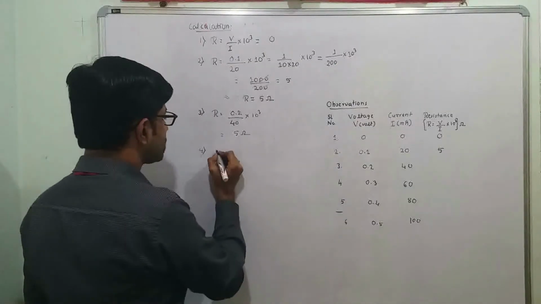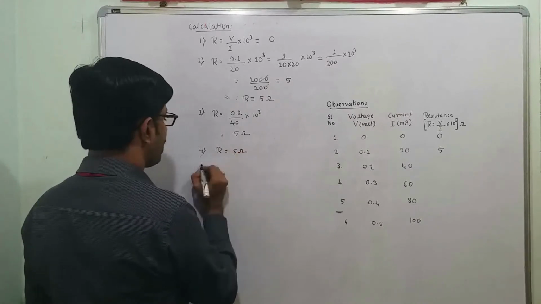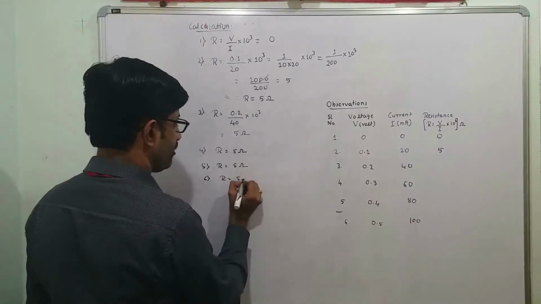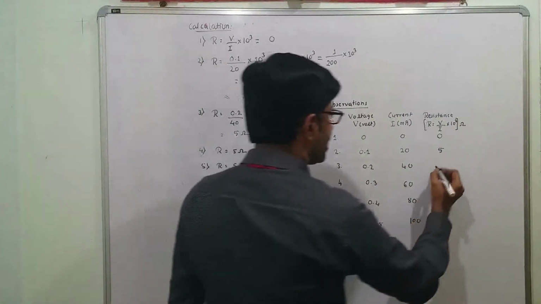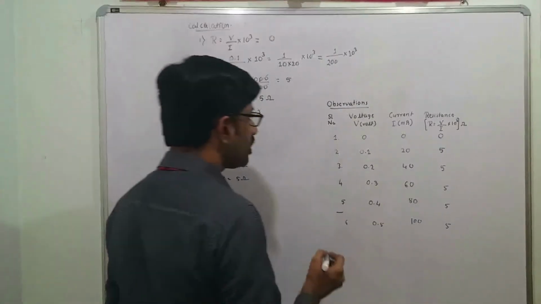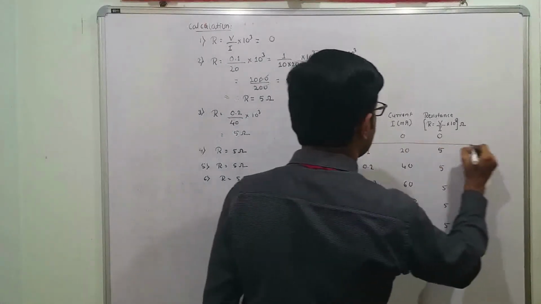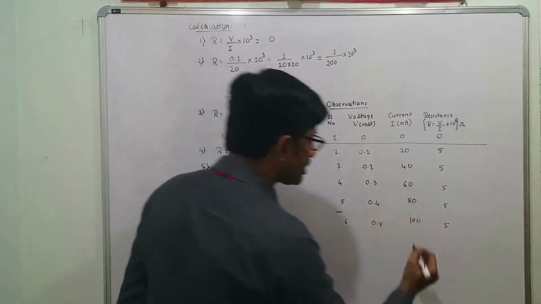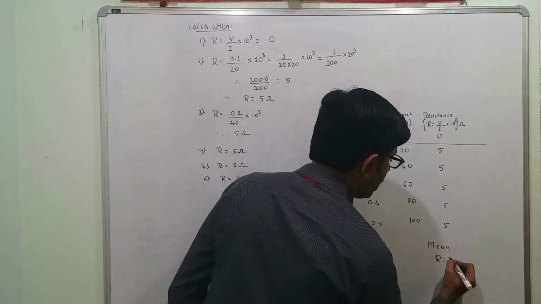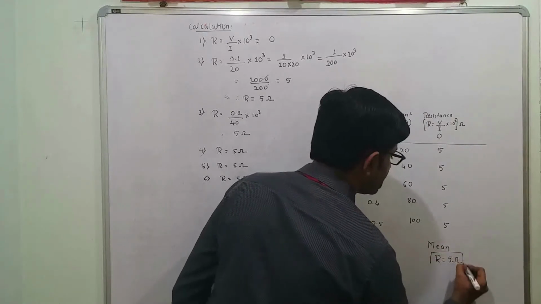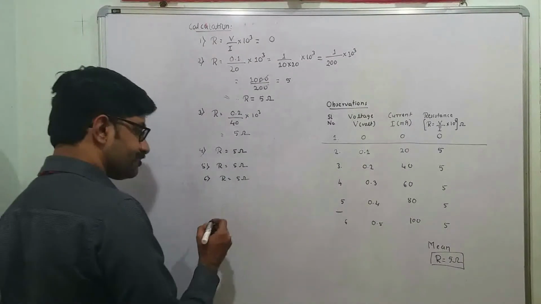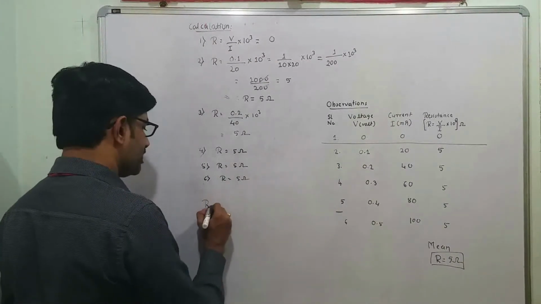Similarly, all other readings come as 5 ohm respectively. So you write the column 5, 5, 5, 5. Now if you ignore this part and take the mean of this, you are left with R is equal to 5 ohm, and hence the resistance of the wire which is used is 5 ohm, and hence you have to write the result.